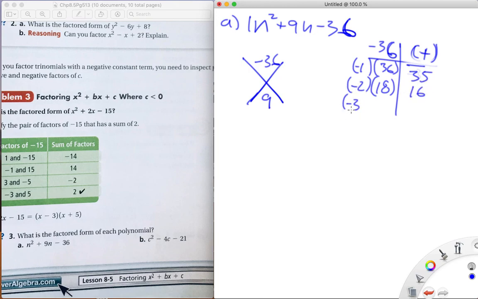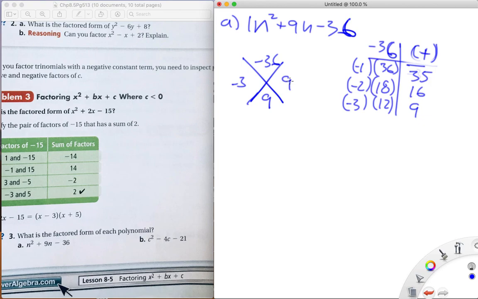Negative 3 times 12. Negative 3 times 12. When I add those guys up together, gives me positive 9. So the reason why I did negative 1 times positive 36 instead of 1 times negative 36 is I knew that when I added them up, they had to be positive. So therefore, I knew that the bigger number, the bigger absolute, had to be positive. So it looks like negative 3 and 12 works.